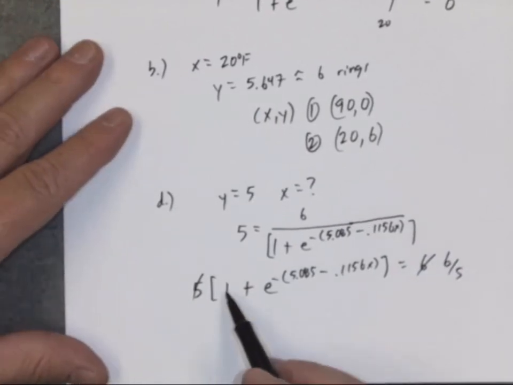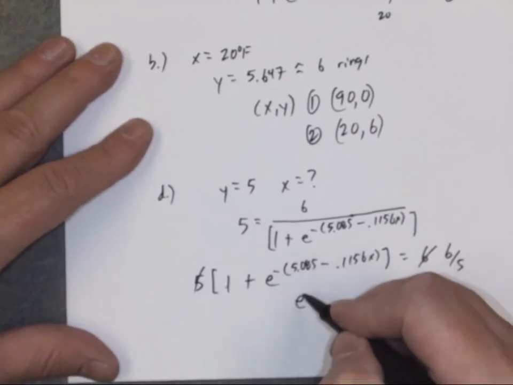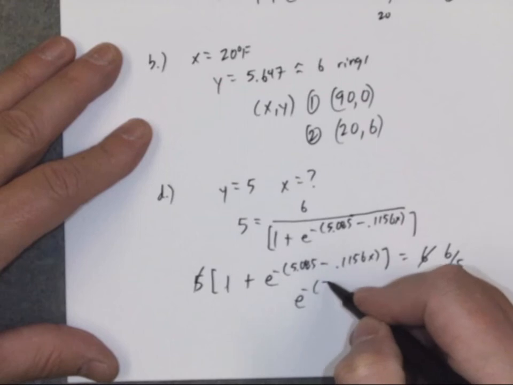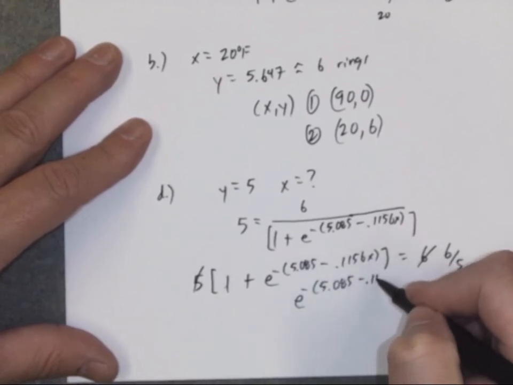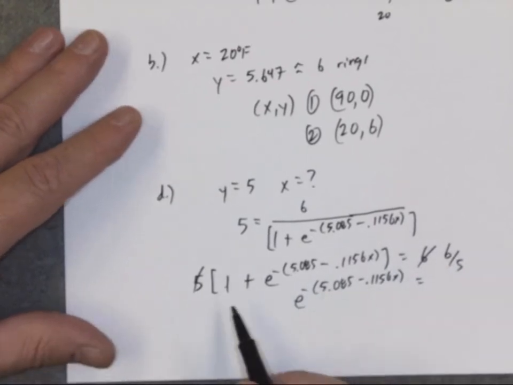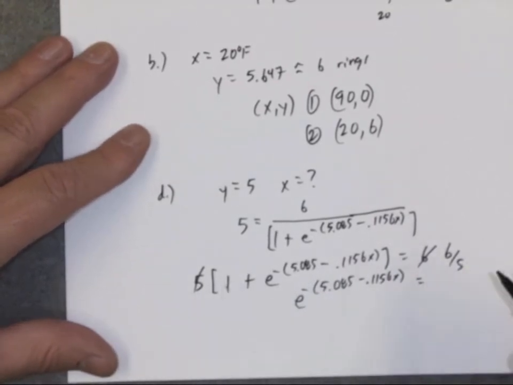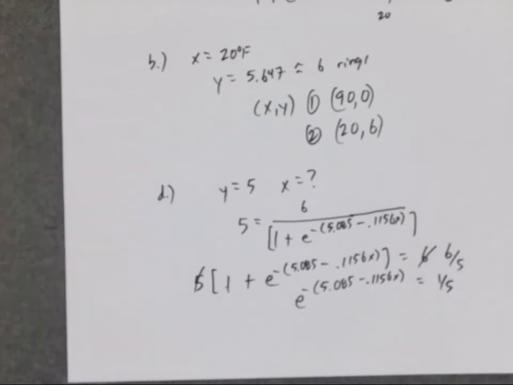And then let's subtract 1 from both sides. So now I finally have e to the minus 5.085 minus 0.1156x equals 6/5 minus 1. It's going to be 1/5.